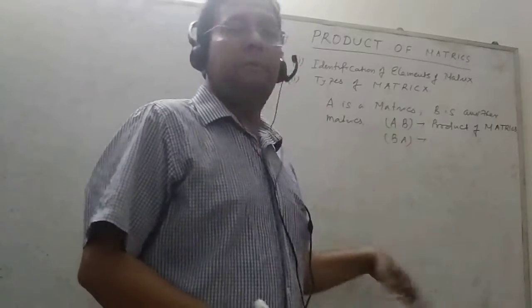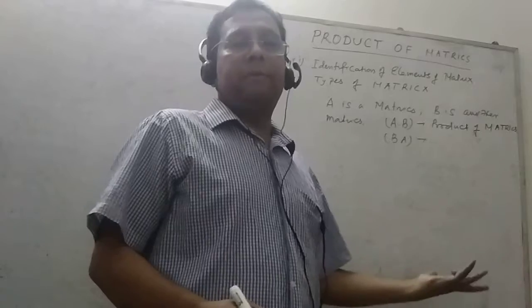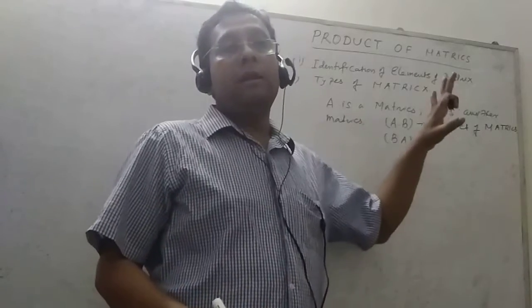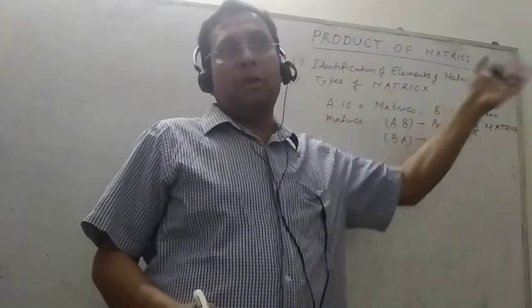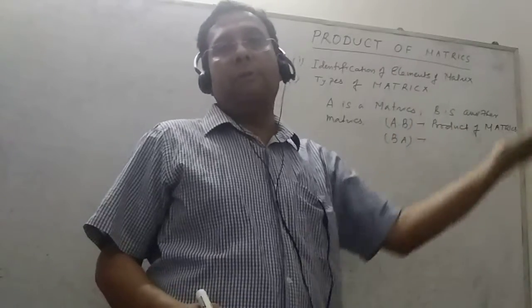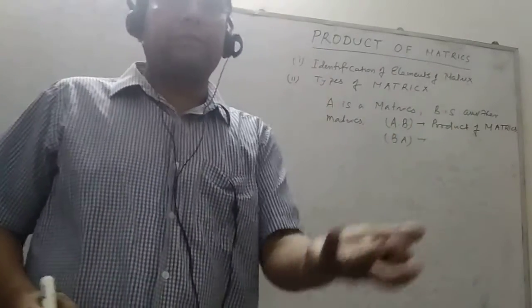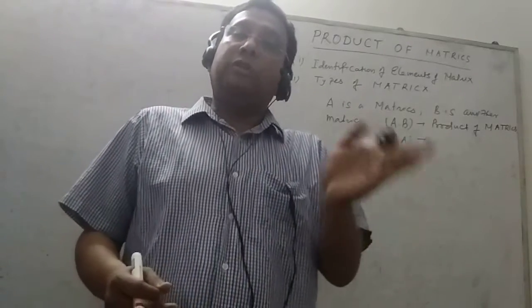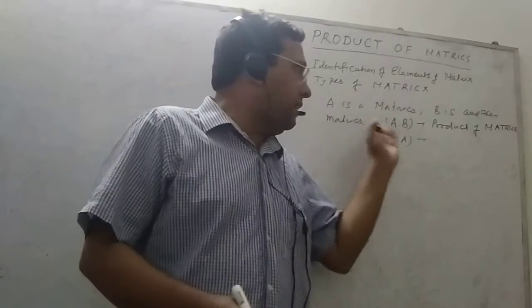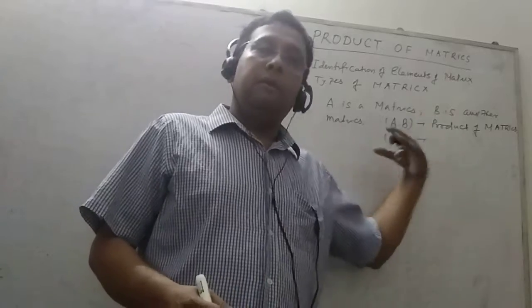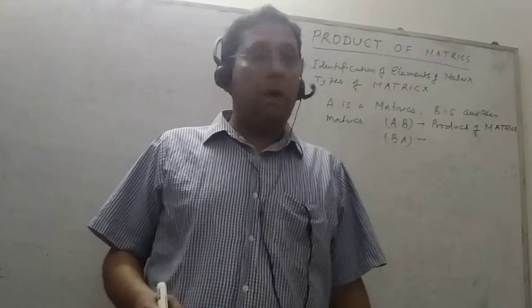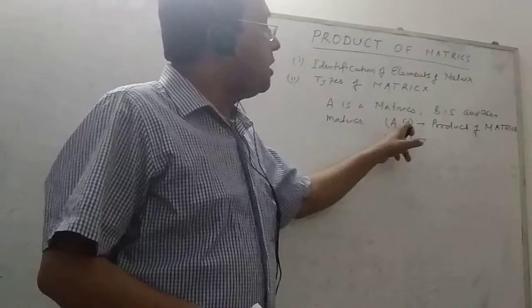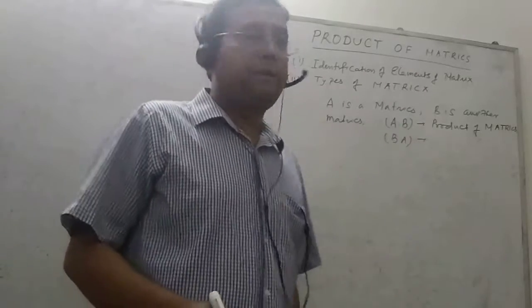This differs from general algebra, because 2 into 3 is equal to 6, and 3 into 2 is also equal to 6, that is commutative. But in matrices, AB and BA may not be equal. That's why the position of the matrix is very, very important.